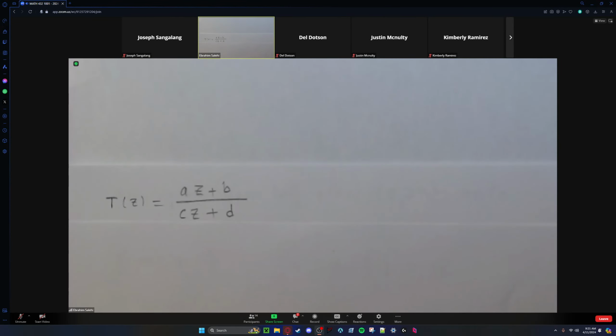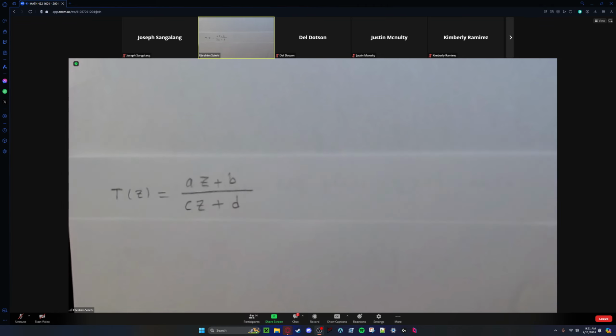Well, I'm going to give you an example here. This is in general a Mobius function or linear transformation, linear fractional transformation.